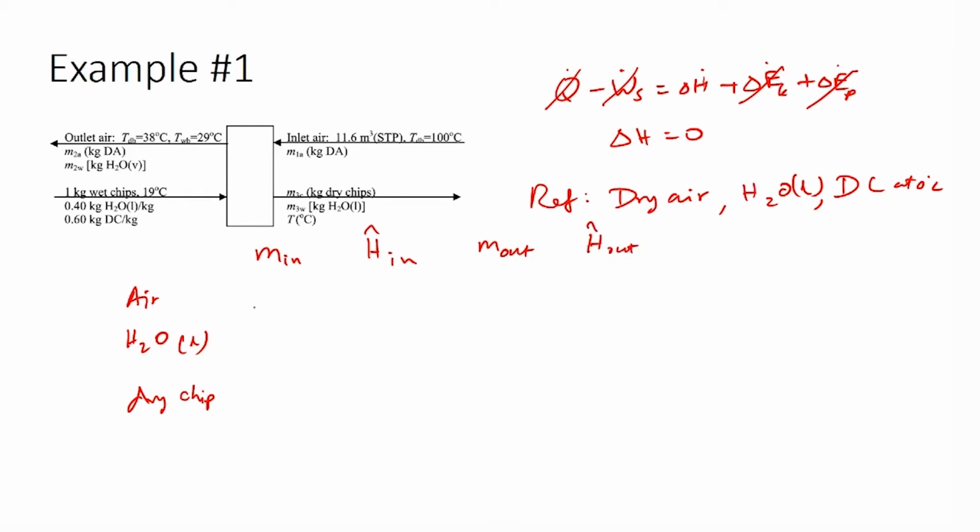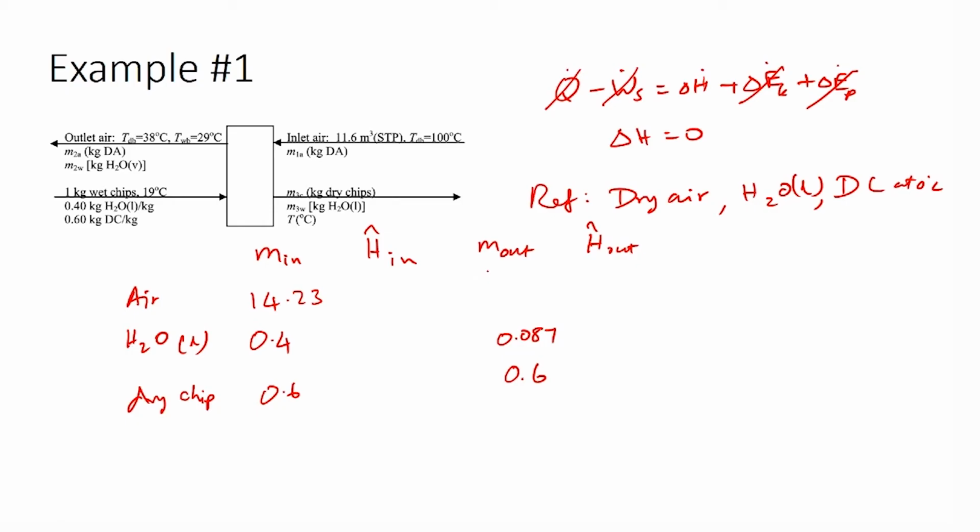Mass of air entering is 14.23 kilograms, water liquid entering along with the wet chips is 0.4 kilograms and dry chip is 0.6 kilograms. The mass of dry chip does not change, it still remains 0.6. Mass of water liquid leaving with the wood chips would be 0.087 based on the material balance calculations. Now, for energy balance calculations, we also need to identify the mass of air leaving the system.